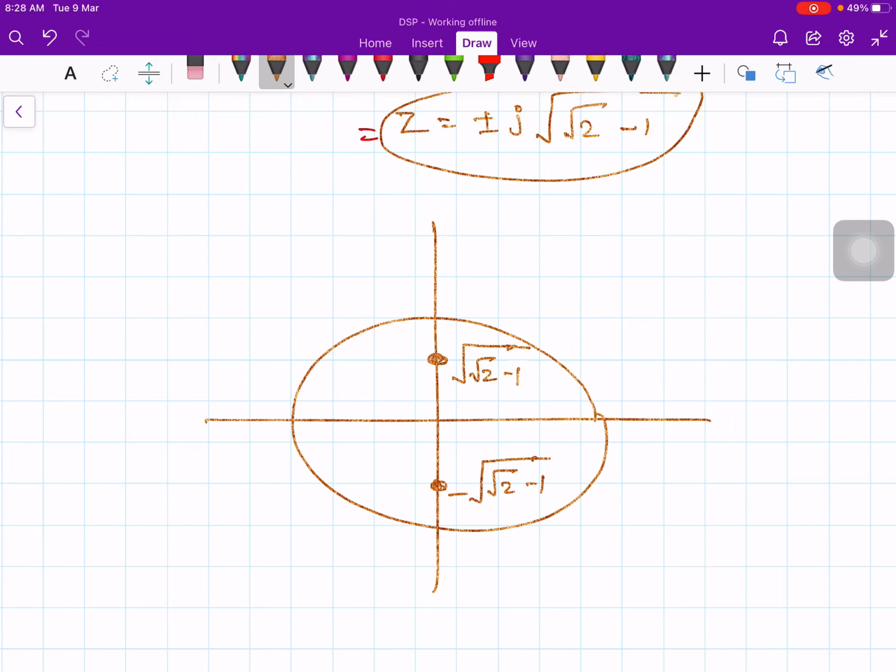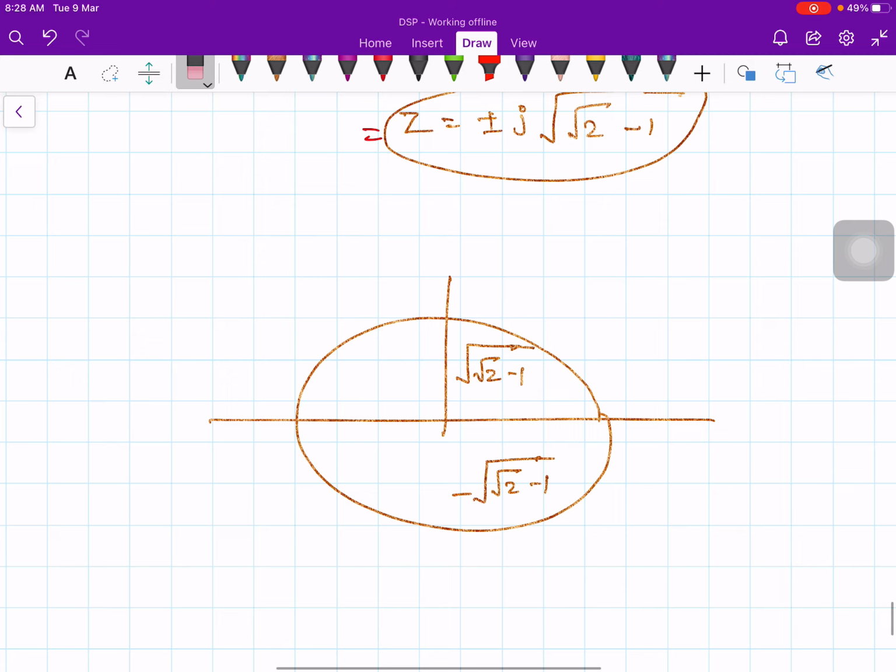I am sorry, I should not put this symbol. I should put a cross symbol to indicate the poles.